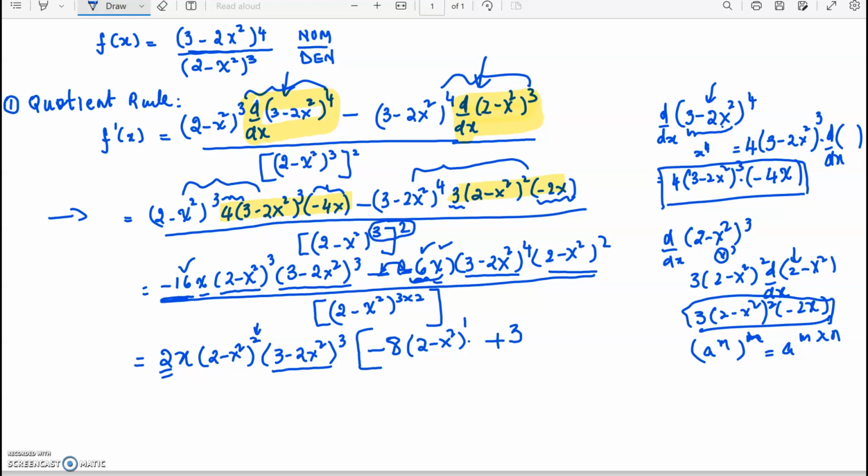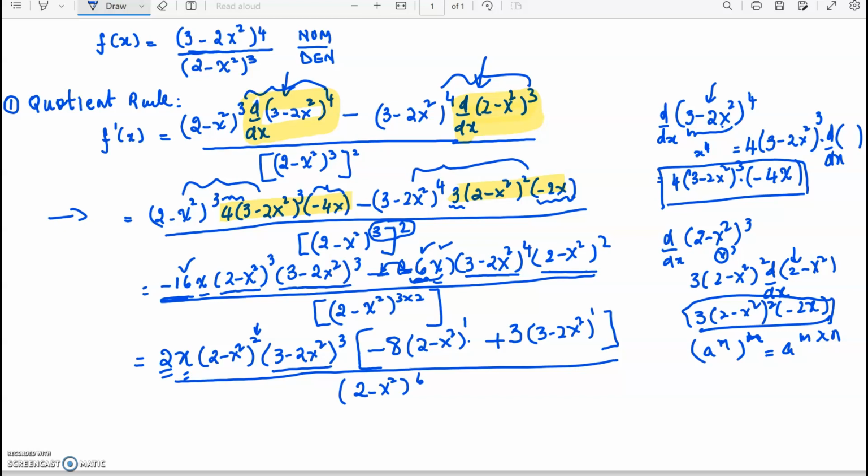The x is gone. It's factored out. Out of the 3 minus 2x squared to the 4th power, 3 minus 2x squared the whole cubed is factored out. So we have 3 minus 2x squared to the 1. And 2 minus x squared the whole squared is factored out. So this is what we're left with, divided by 2 minus x squared to the 6th power.